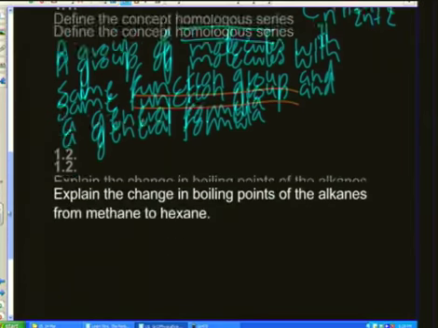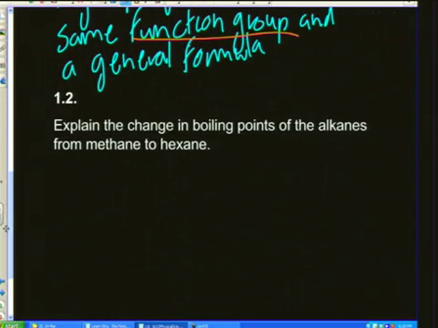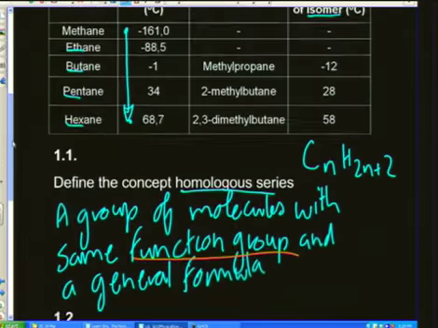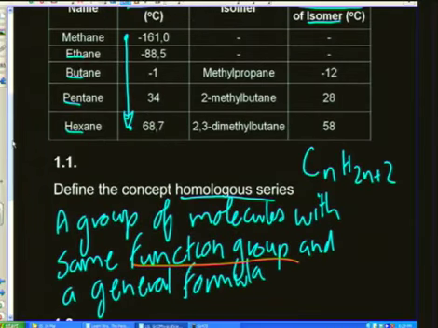Question 1.2. Explain the change in boiling points of the alkanes from methane to hexane. So let's have a look. We've been given it. Methane at minus 161 degrees Celsius.